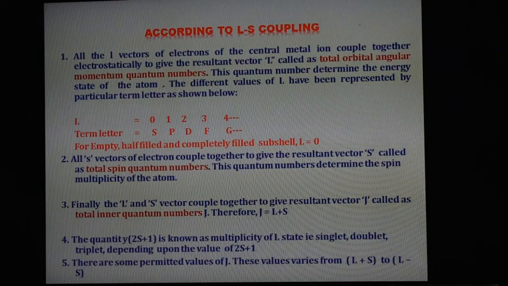The first important point is that all l vectors of the electrons of the central metal ion couple together electrostatically to give the resultant vector L, also known as the total orbital angular momentum.